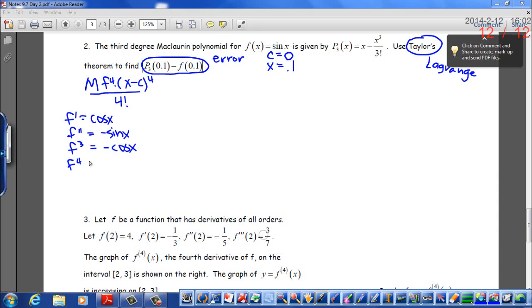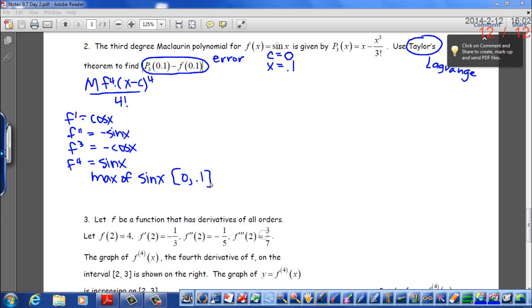And my fourth derivative is back equal to sine x. So my task is to find the maximum of sine x on the interval from 0 to 0.1.